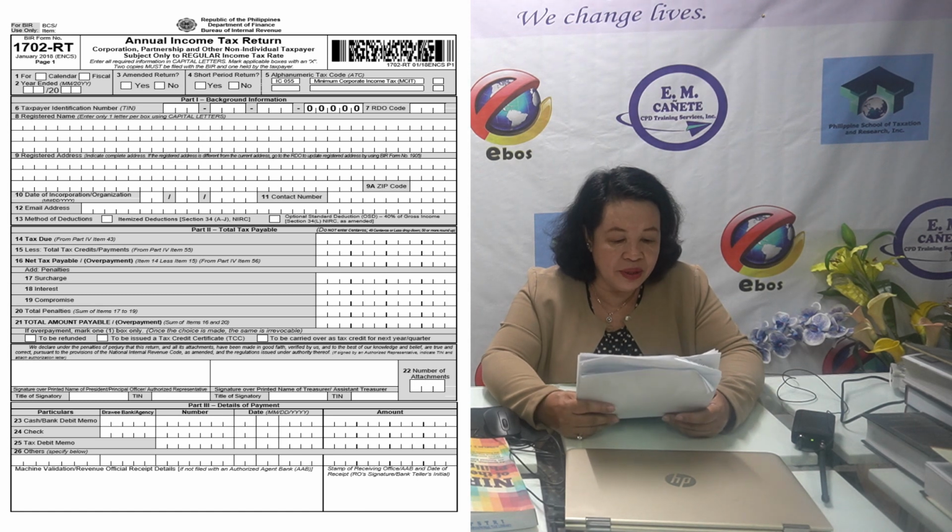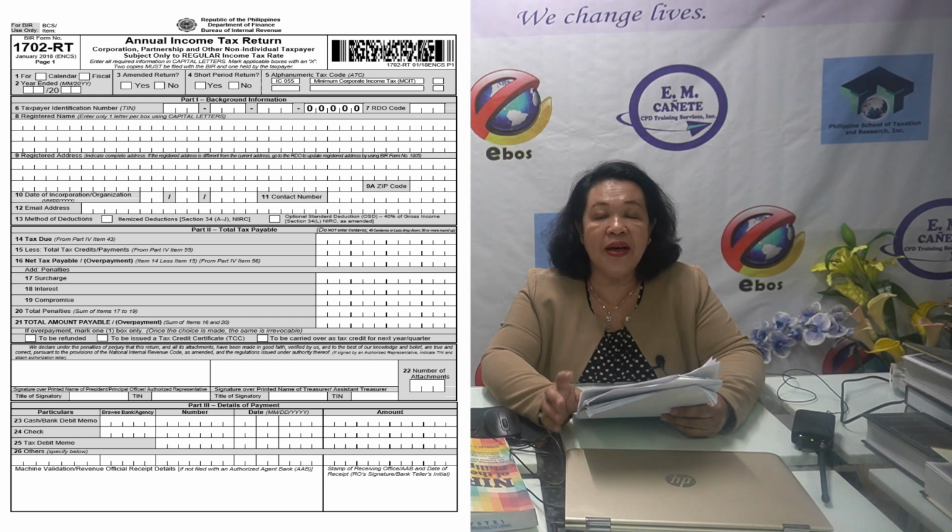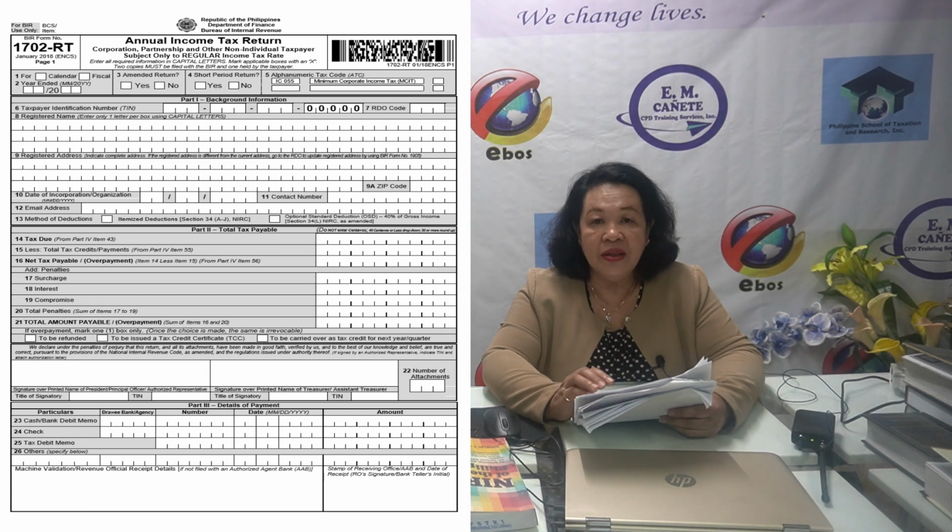Line number 10, we have the date of incorporation or organization. Please take note: this date of incorporation or organization is your original organization date. I have found so many corporations using the amended date. If ever they change their name and they have amended articles of incorporation with the new name, they also change their date of incorporation.